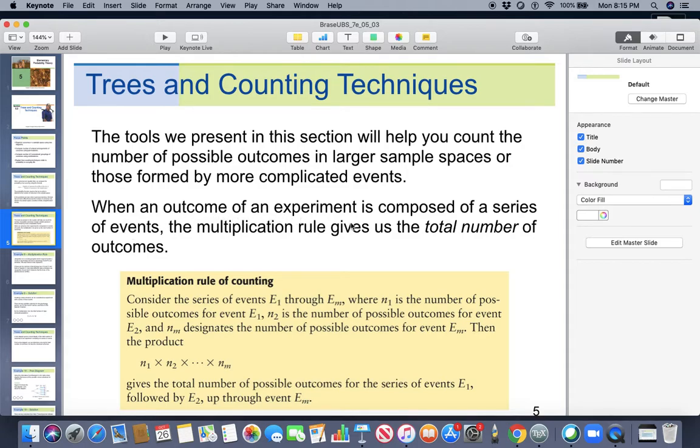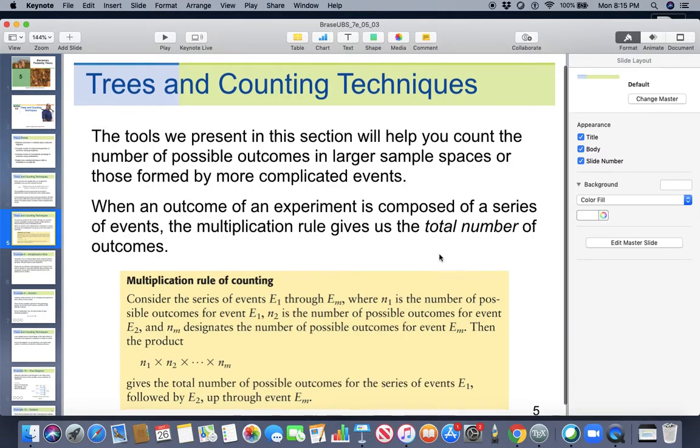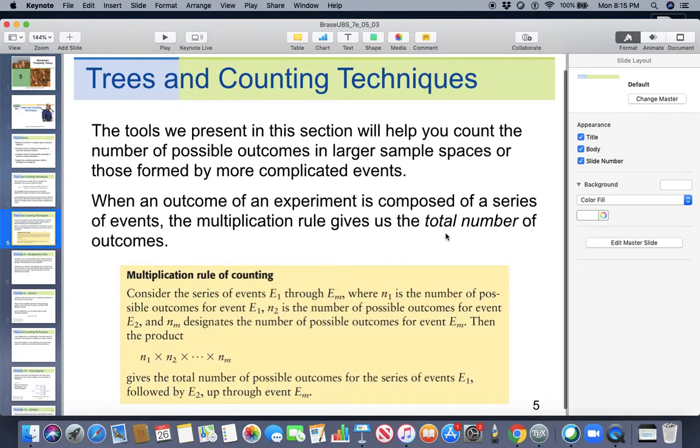When an outcome of an experiment is composed of a series of events, the multiplication rule gives us the total number of outcomes. Here is the multiplication rule of counting. Consider the series of events E1 through EM, where N1 is the number of possible outcomes for event E1, N2 is the number of possible outcomes for event E2, and so on.